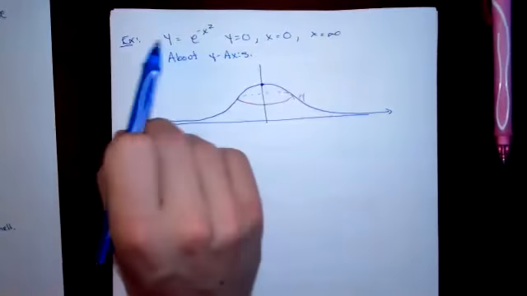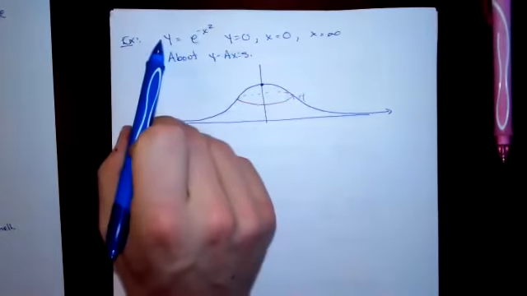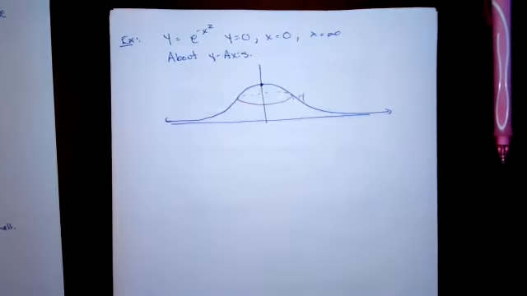I would have to take a natural log of both sides, then multiply by a minus sign, and then take a square root. So we would get something like a square root of a natural log.